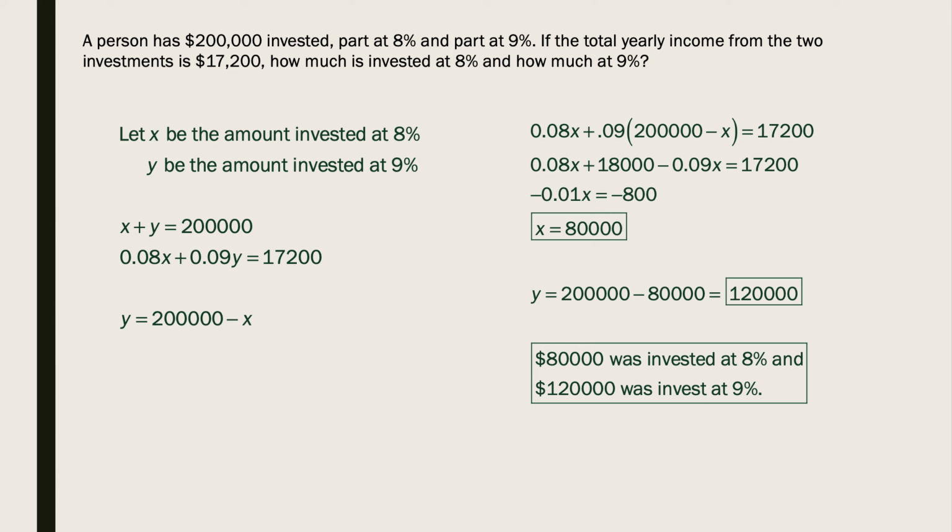X plus Y is equal to the $200,000 investment. The second equation tends to be the trickier one. We kind of had information that was specific about that second equation where all we had to do was translate it. That's a nice, easy example that, okay, I could kind of figure out how to translate that. In this particular problem, we had to remember that simple interest is calculated with the principal and the rate.